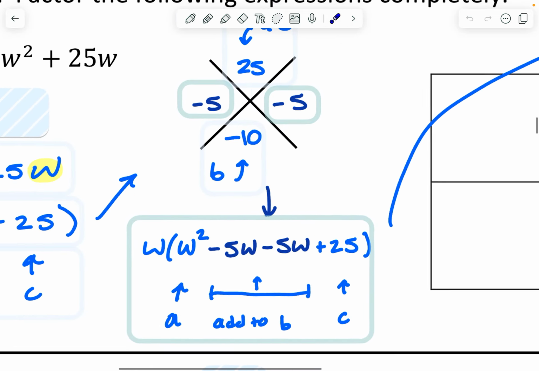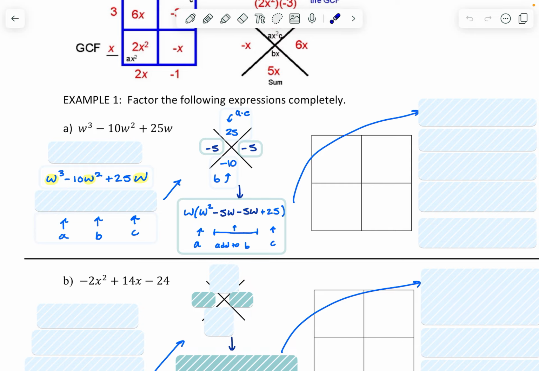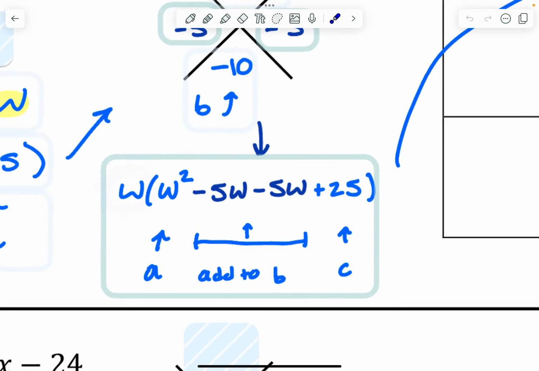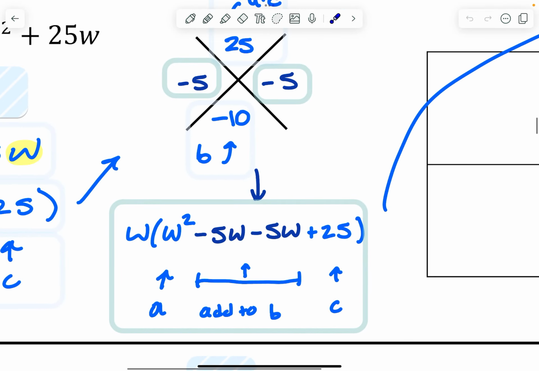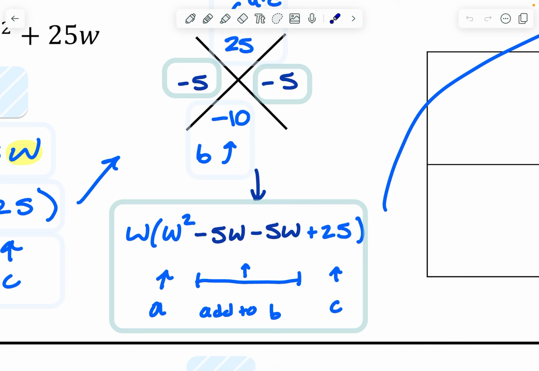So we have w, and again, that w is just going to tack on. Right, here it was before. We still keep it. Then we have w squared, our a stays the same. Instead of having b, which was negative 10, we now have two numbers that are going to add to b, negative 5w and negative 5w. And our c stays the same with 25.